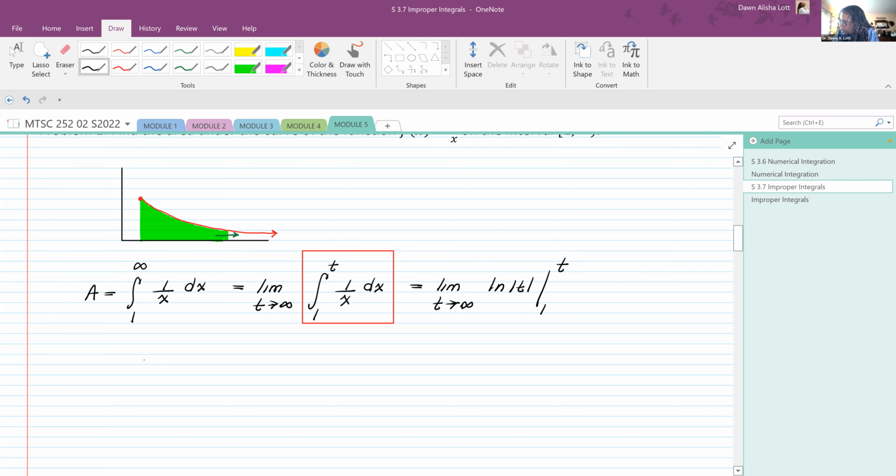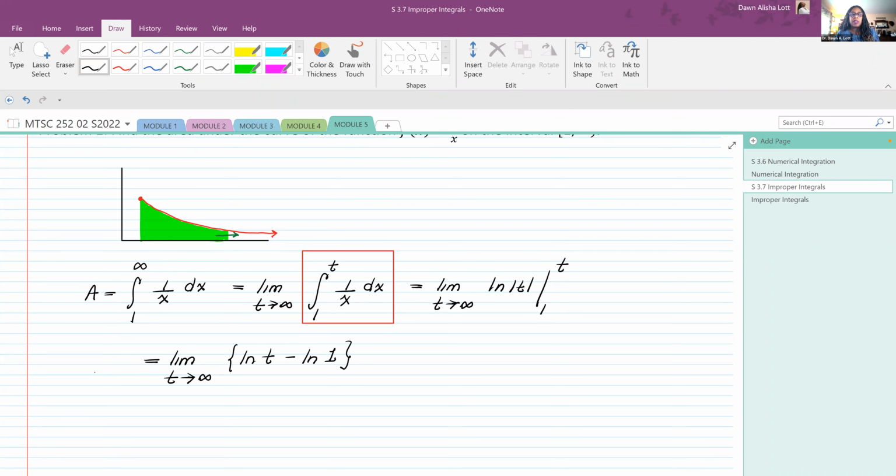Now I'm only looking at positive numbers because it's going to infinity. So I'm going to drop the absolute value. So this looks like the log of t minus the natural log of 1. Okay, somebody tell me something about this. Give me something. Anything.